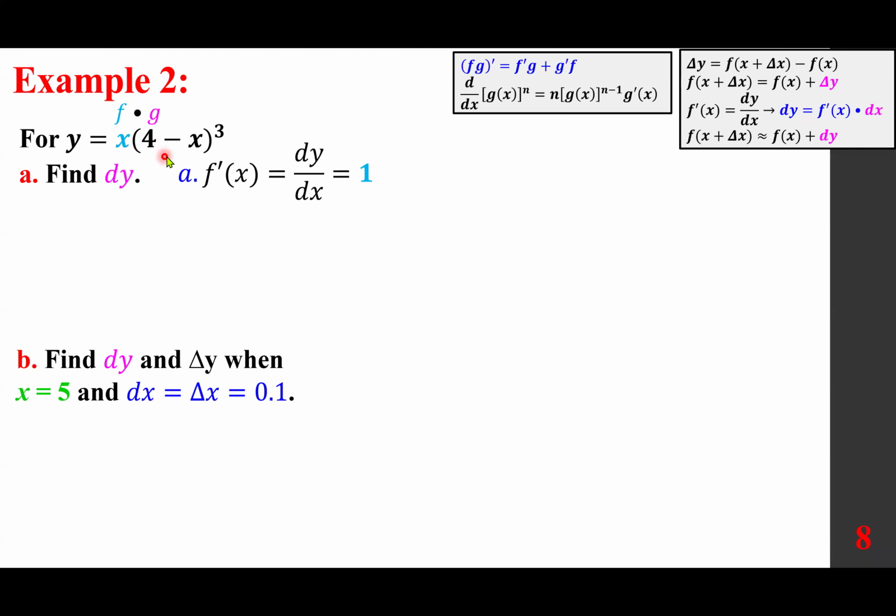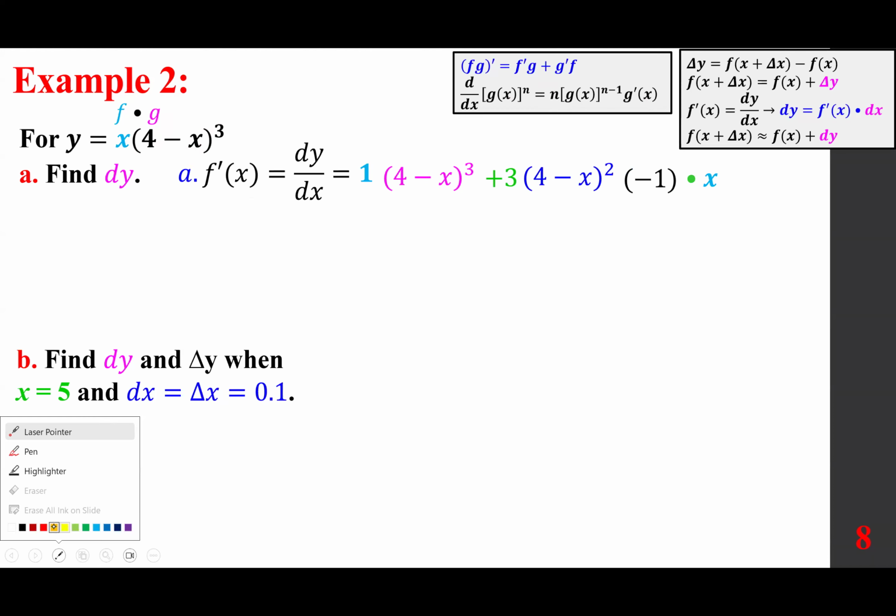Times g, which is 4 minus x quantity cubed, plus g prime, we use the extended power rule, plus 3 times 4 minus x squared times the derivative of the inside, which is -1, and now times f, which is x. In other words, this is f prime g plus g prime f.